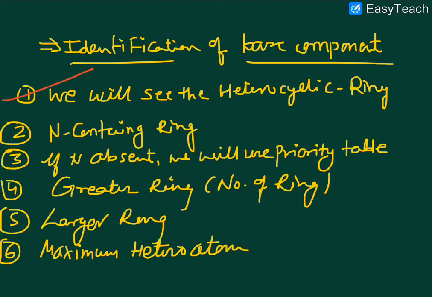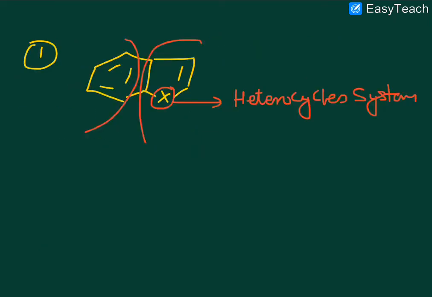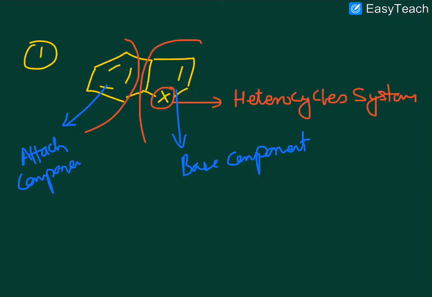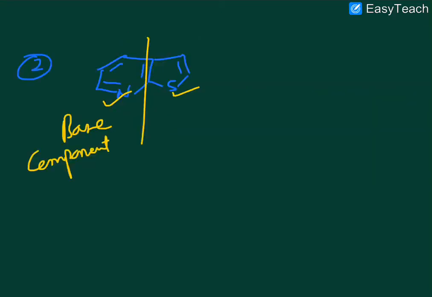If the other system is non-heterocyclic, then the base component is this one, and that will be the attached component. Next example: if both rings are heterocyclic, the base component cannot be decided from the first rule, so we apply the second rule, that the nitrogen-containing heterocyclic system is the base component. So this is the base component and that is the attached component.